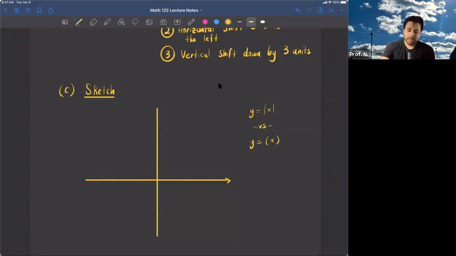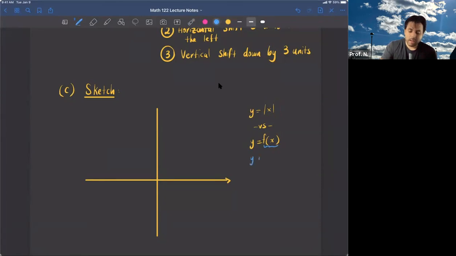Well, this means absolute value. This doesn't really mean much. You're just putting parentheses around x. Did you mean to say f of x? What's the difference between that? Okay, so f of x just means that this is a function.